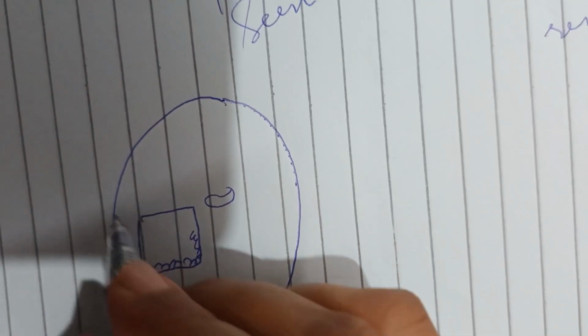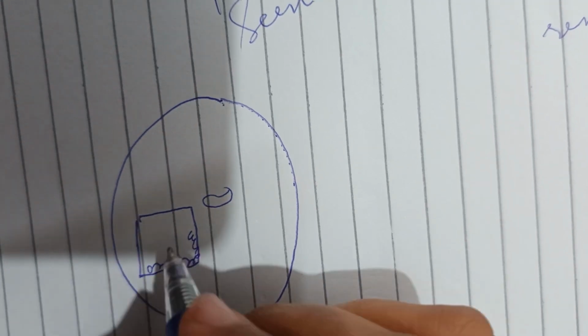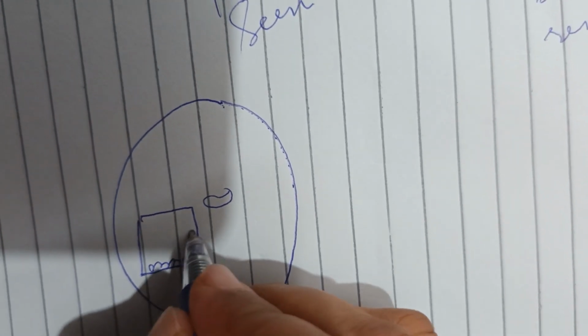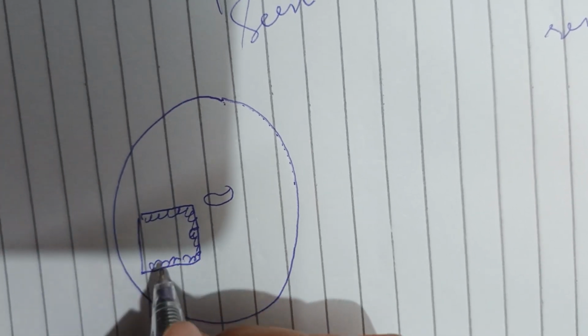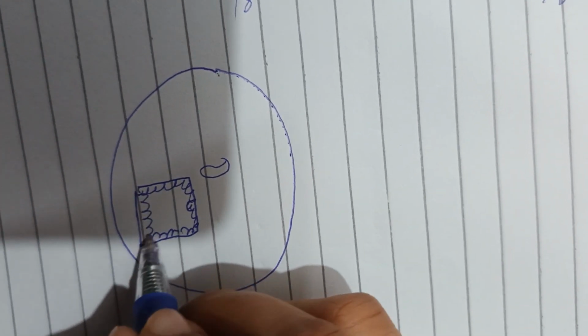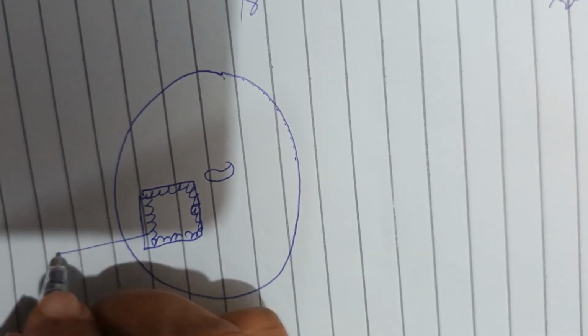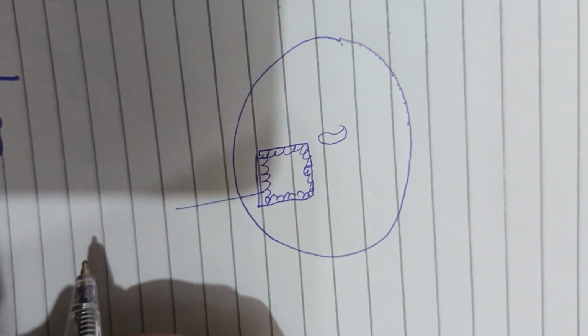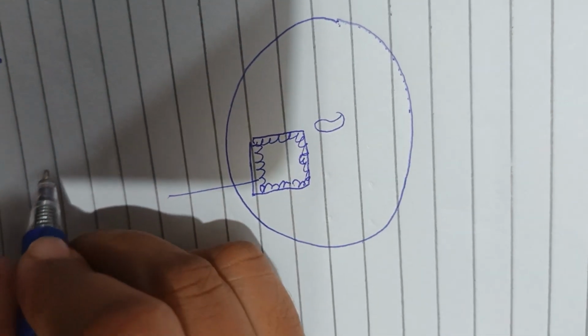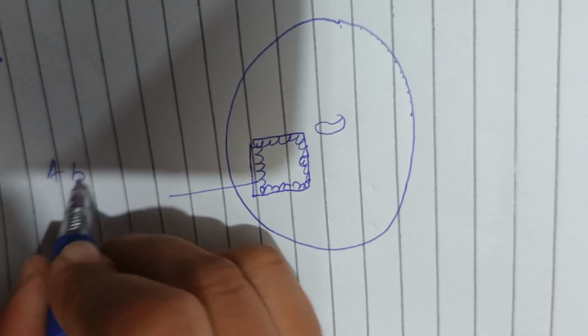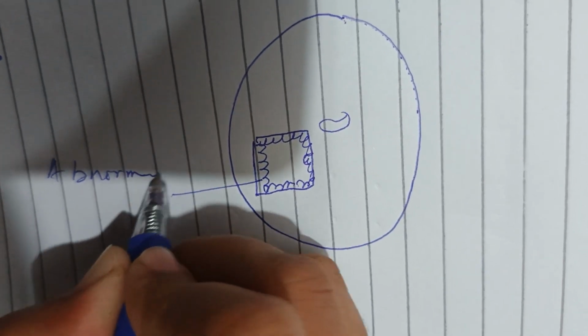Now I will tell you the next parameter, punctation. This is again epithelium on the cervix. This is abnormal epithelium on the cervix.